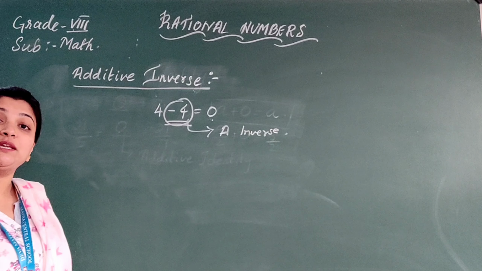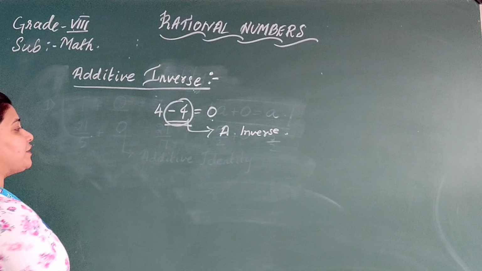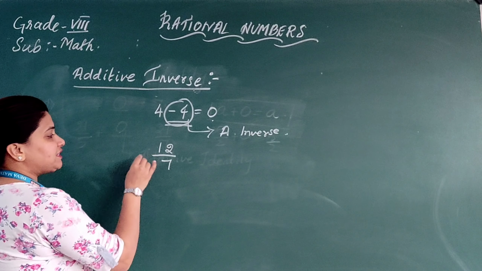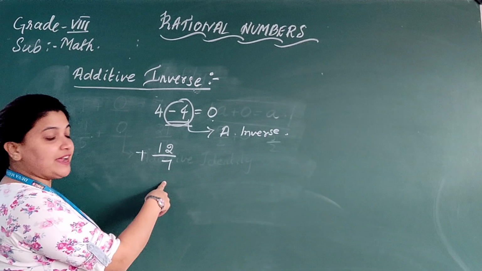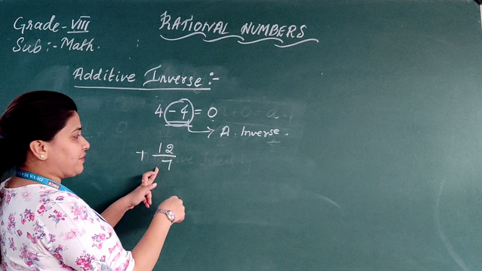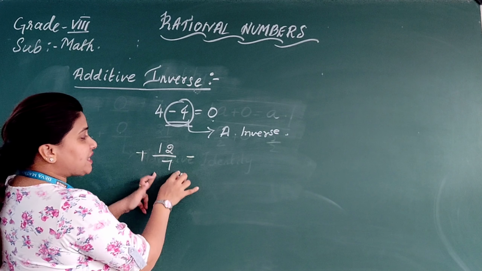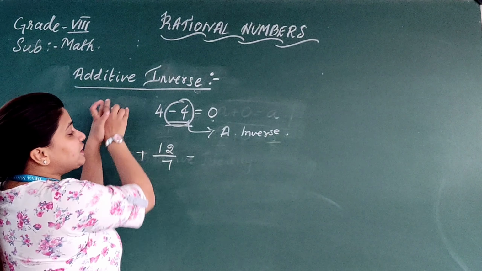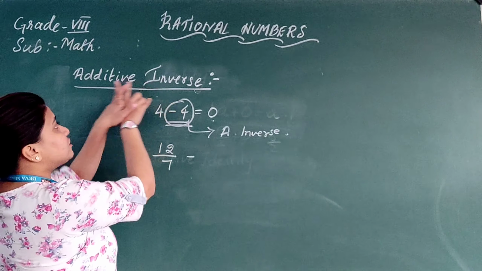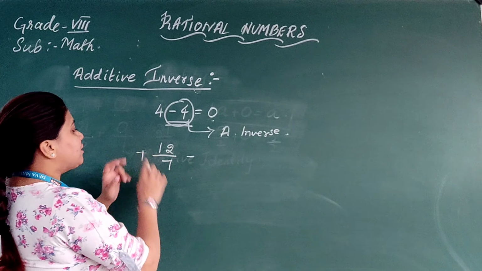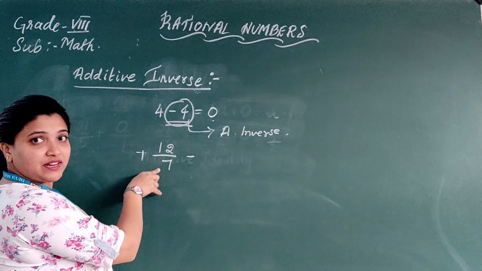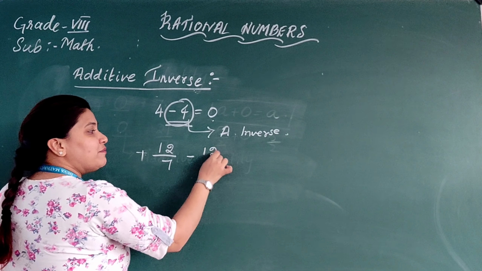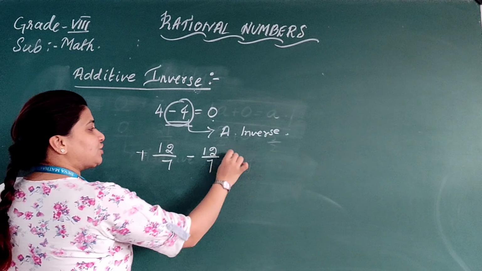Clear children? Now similarly, what is the additive inverse of 12 by 7? See, 12 by 7 is nothing but plus 12 by 7, right? Now, if I subtract the same number with a minus sign, because the inverse of addition is subtraction. So 12 by 7 is my number. I will subtract 12 by 7 from it.